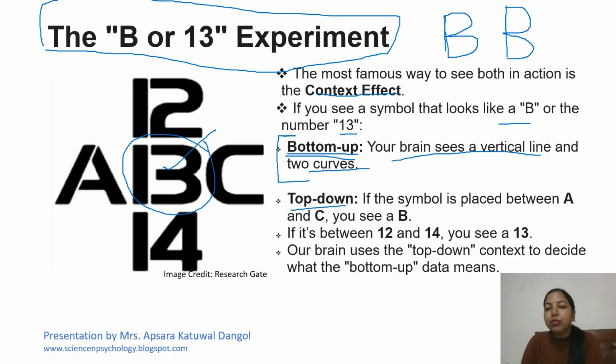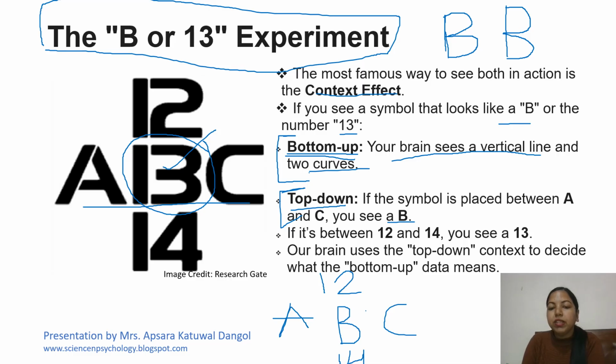But in top-down, when we grow up, when we have written B many times, 13 many times, we analyze whether that is B or 13. We analyze it is B when we see it between A and C. If it is between A and C, then it is B. But if it's between 12 and 14, this B becomes 13, as you can see in the image as well.